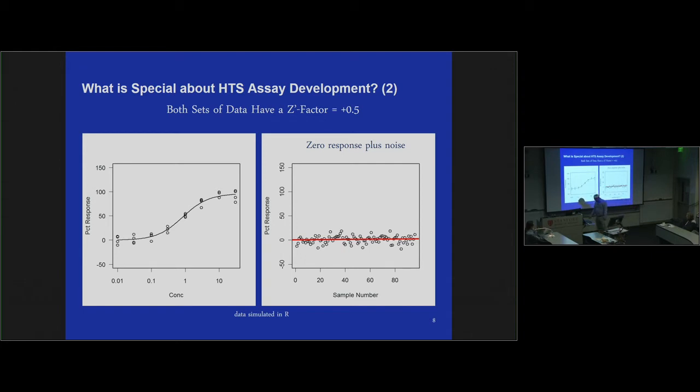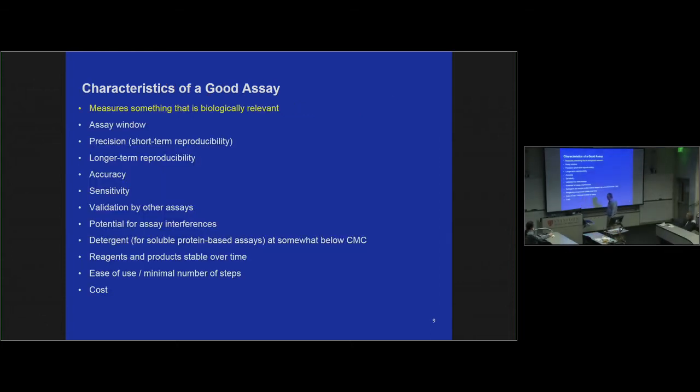So other than the Z prime factor, what makes a good HTS assay? First and foremost, biologically relevant. Given the choice between slower, more expensive, but biologically relevant, and faster, I would strongly encourage you to go for the biologically relevant one.